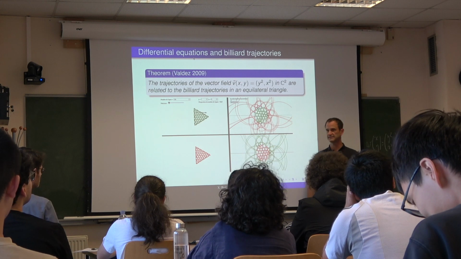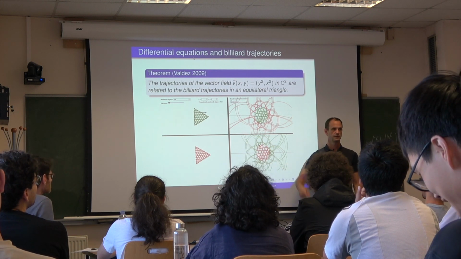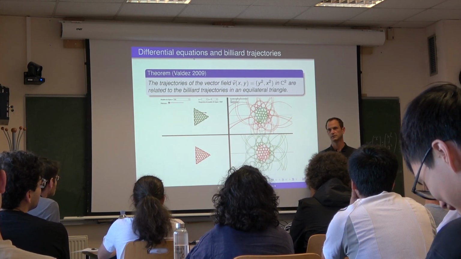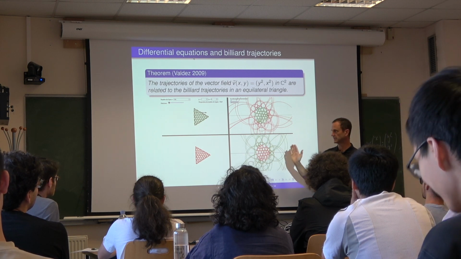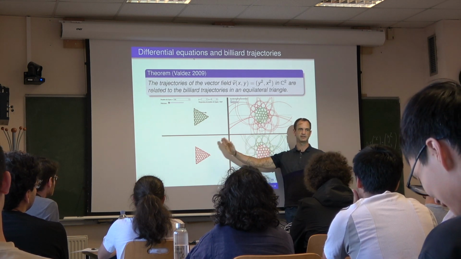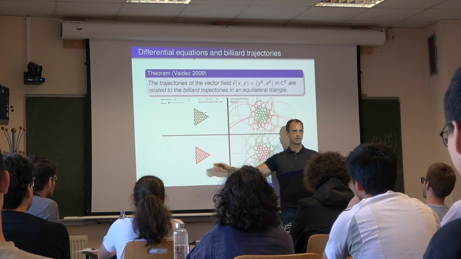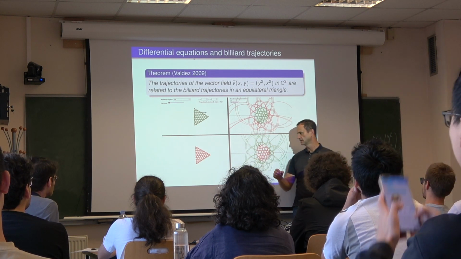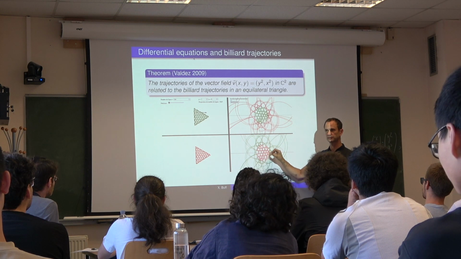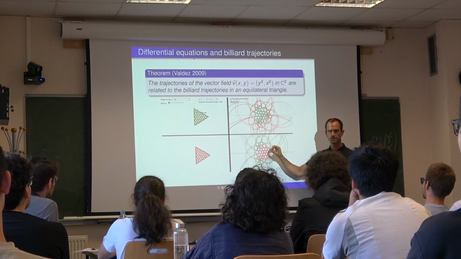For the vector field, it's easy. Almost every orbit will be unbounded. That I can prove for the vector field because I really have a correspondence between the vector field and the equilateral triangle. But when I go to discrete dynamics, there is a small deviation from the vector field each time.